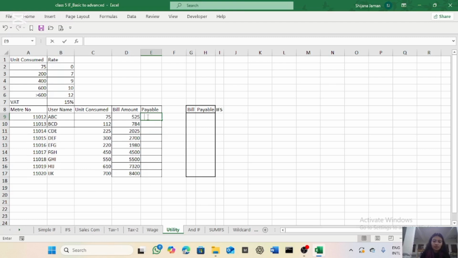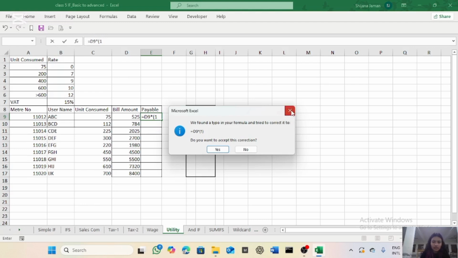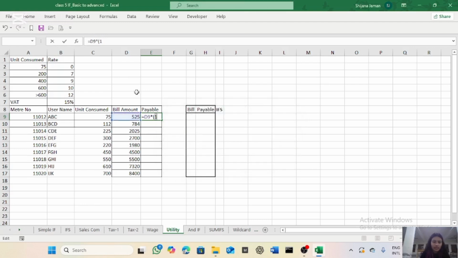So equal our bill amount 525 multiply with 1 plus our tax rate, which is 15%. Yes, this is our payable on bill amount 525 and the username is ABC.